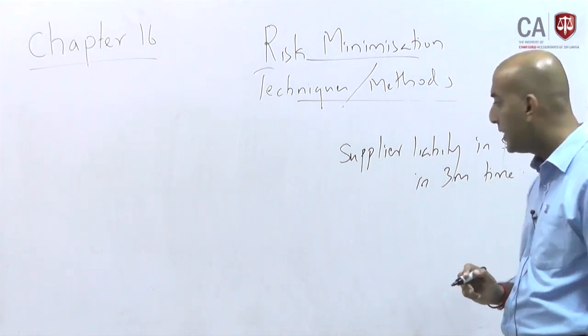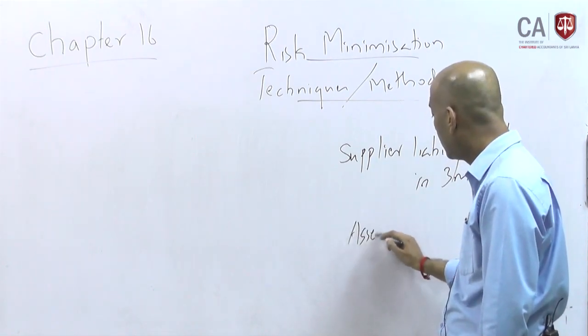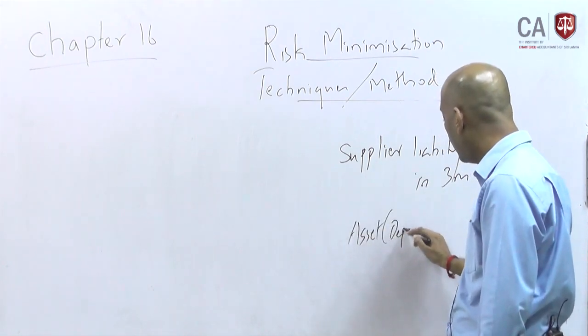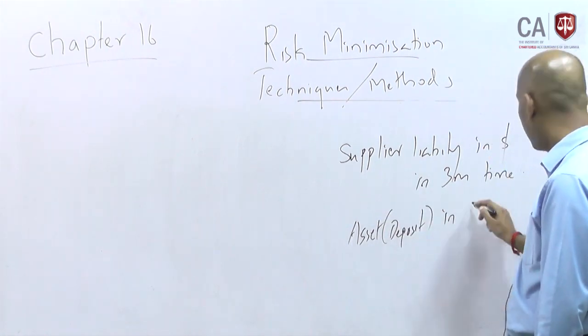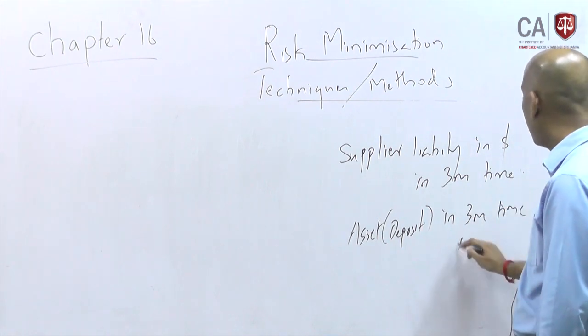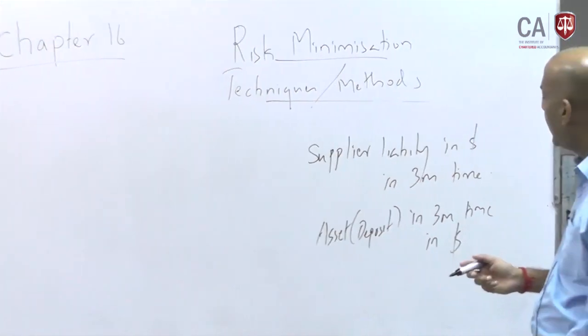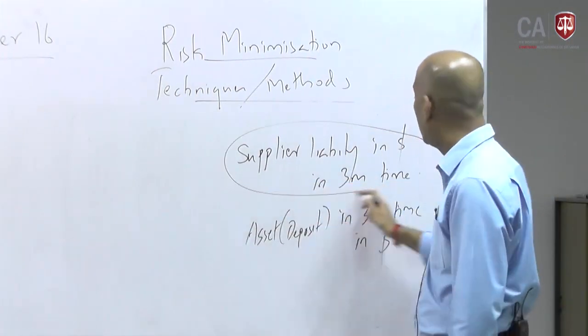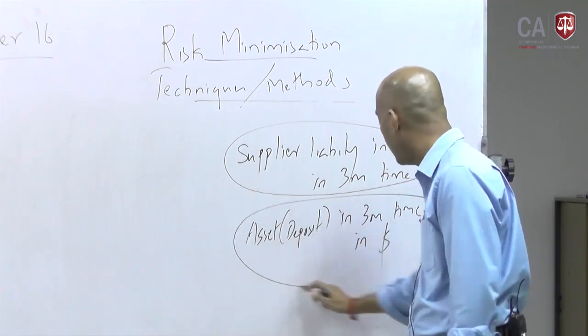You need to create an asset, generally a deposit in dollar terms. The objective is to set off your liability in 3 months with an asset in 3 months.